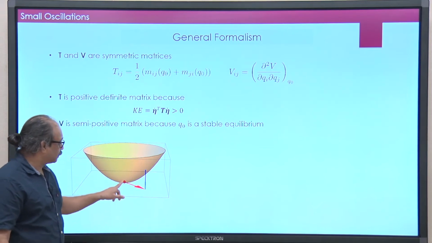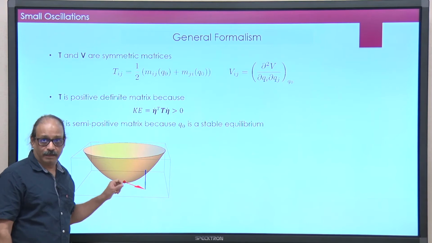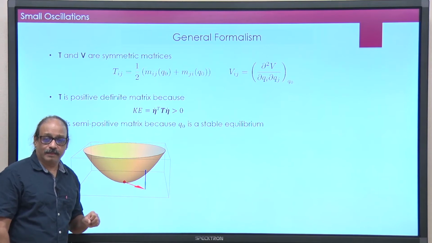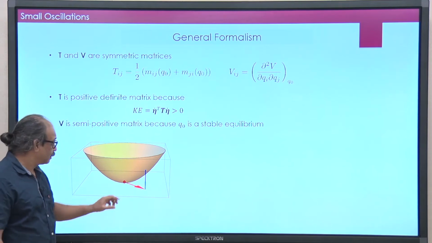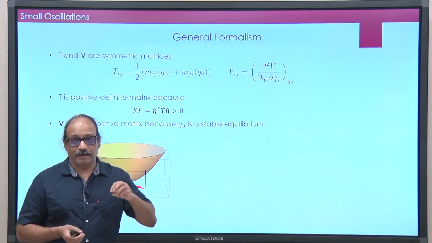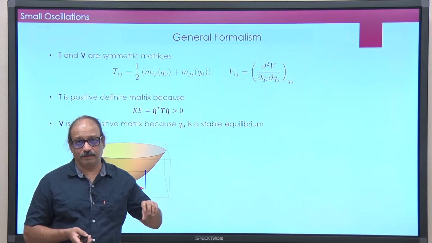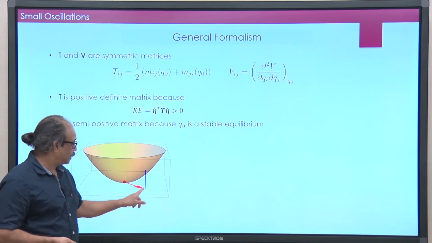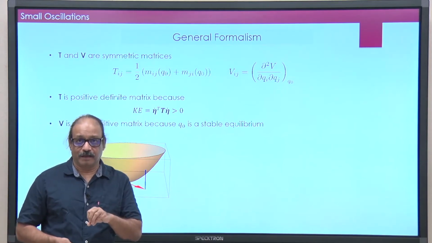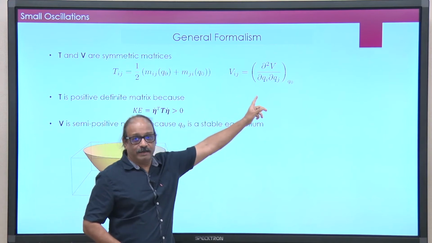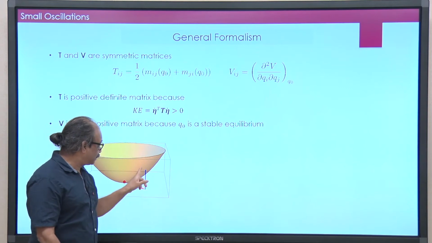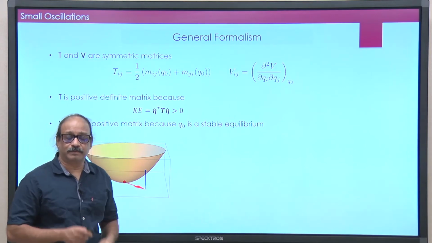Now, you take a vector in your parameter space, in your coordinate space, in any direction. If you take a coordinate vector in any direction, what happens to the potential energy? Potential energy always increases, and remember the Taylor expansion of potential energy was V at q, that is this point, is V at q 0 plus eta Vij into eta i into eta j, summed over i and j. That is basically this, that also must be always positive.